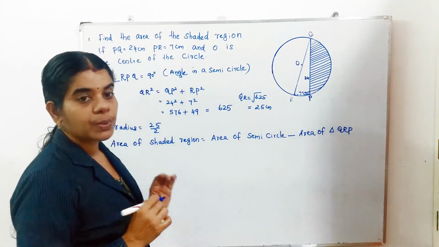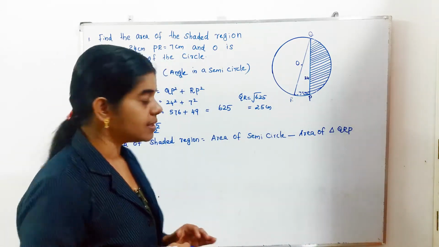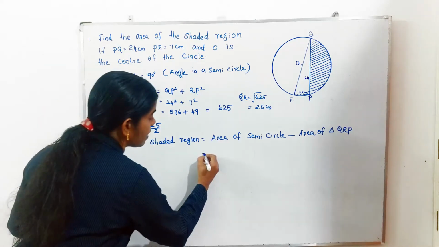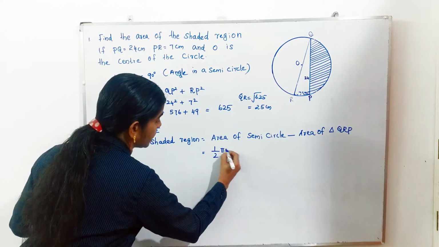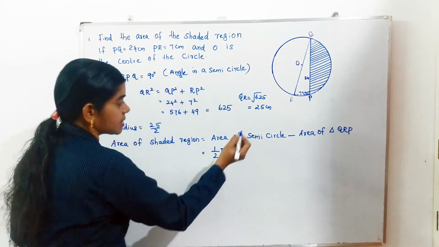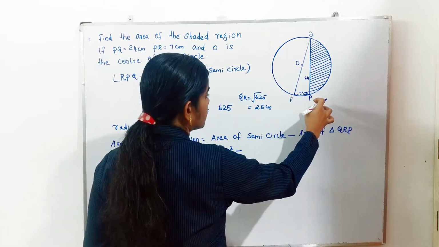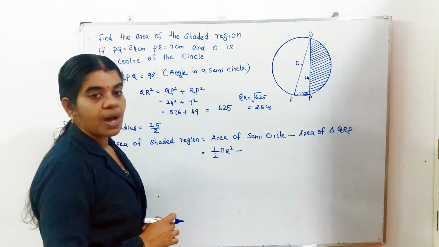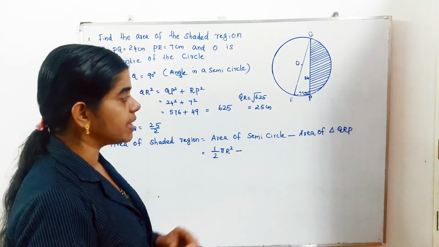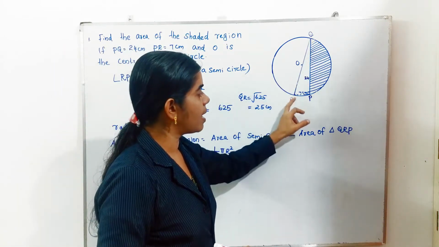Circle area you know is pi r square. So semicircle area will be 1 by 2 pi r square, minus the area of the triangle. This is a right triangle, so half into B into H will be the area of the triangle QRP.